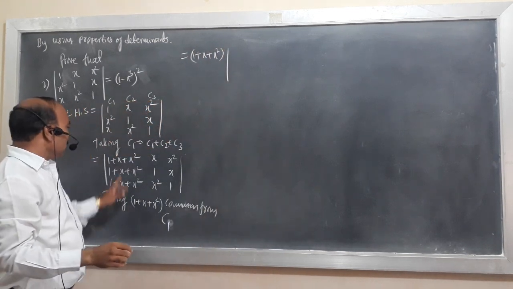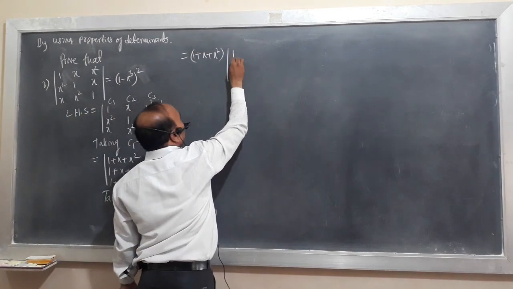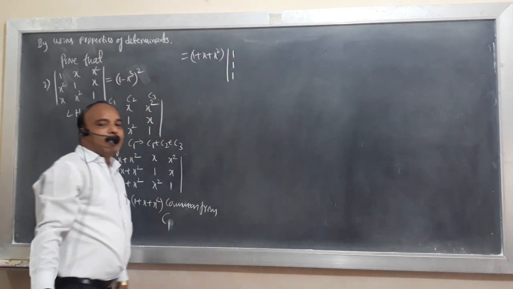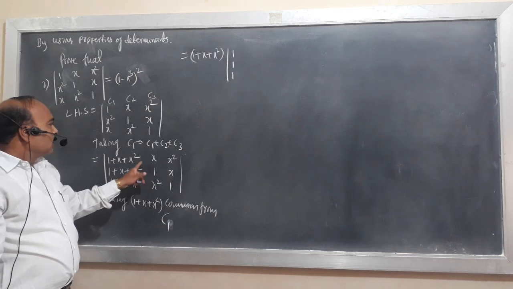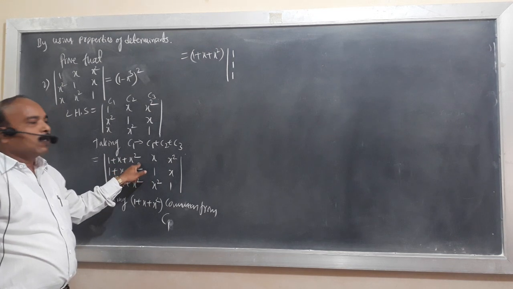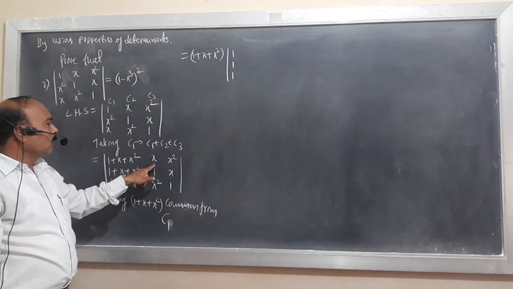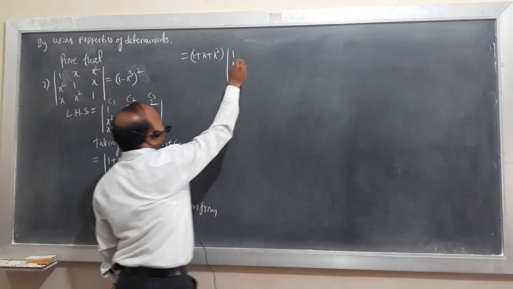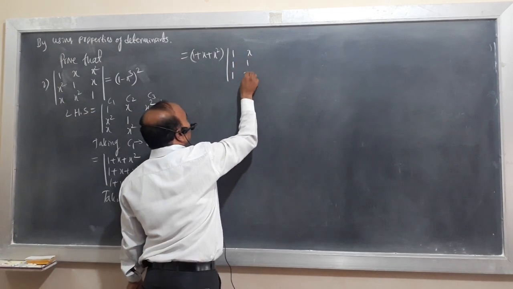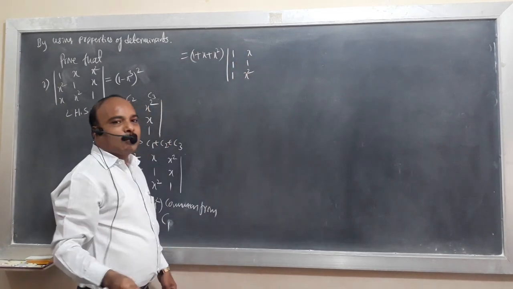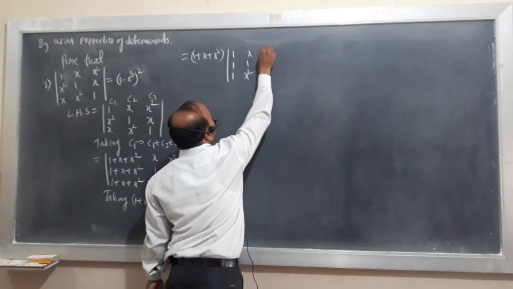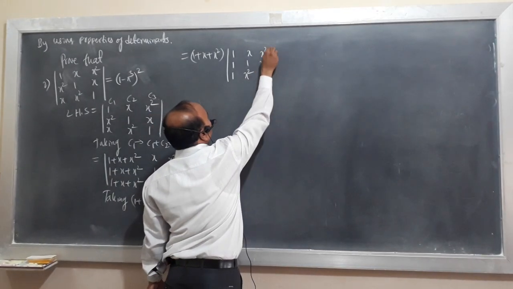Now the first column changes to 1 1 1 because we took the term outside. The second column x 1 x square is as it is, and the third column x square x 1 is also as it is.